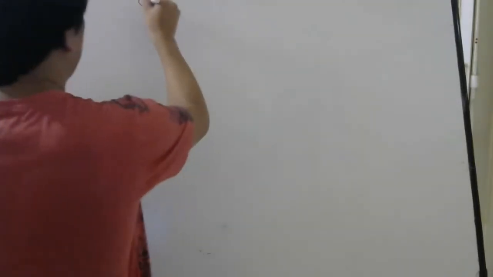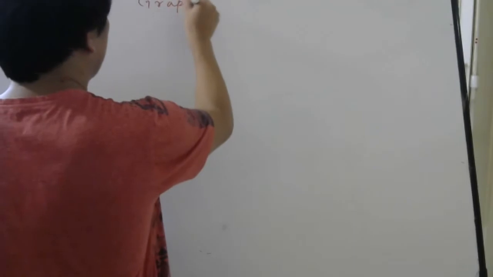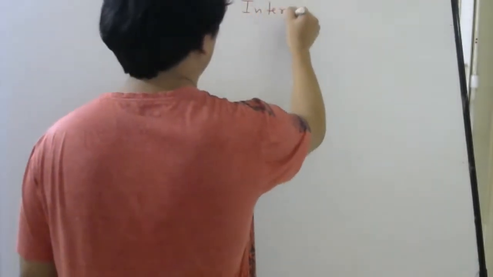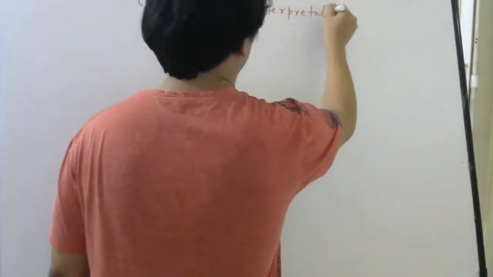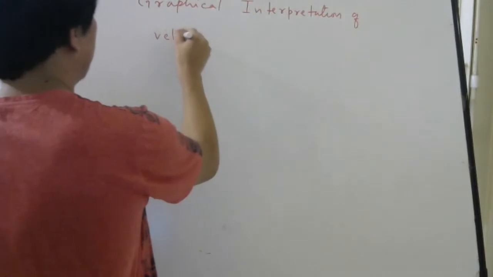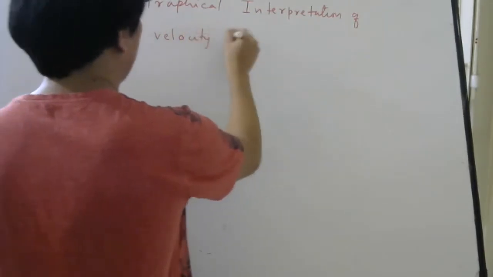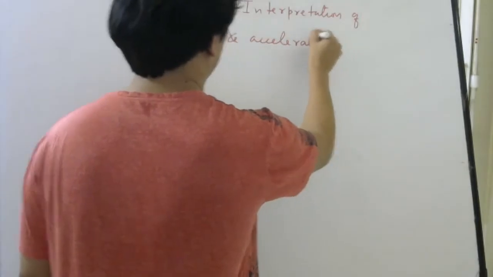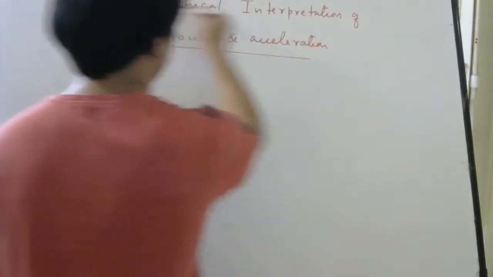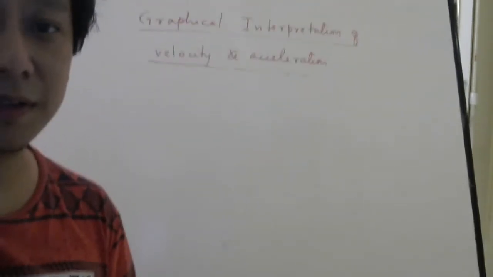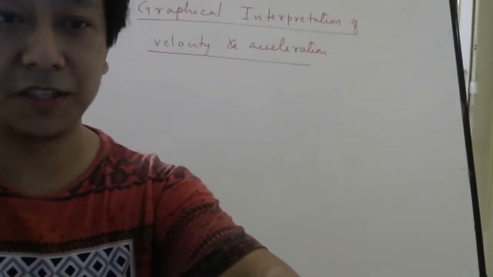Okay. Now you have to learn about graphical interpretation of velocity and acceleration. Sometimes they will give you a graph of position versus time.